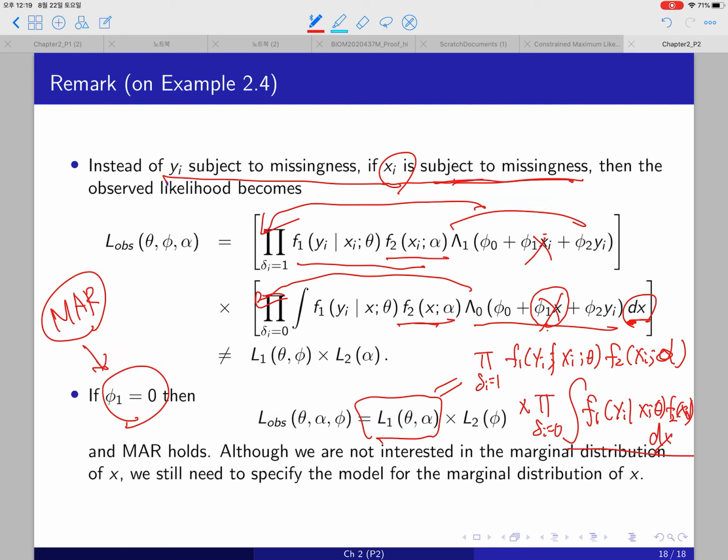So although we are not interested in the marginal distribution of x, we still need to specify a model for the marginal distribution of x if the covariate is missing.